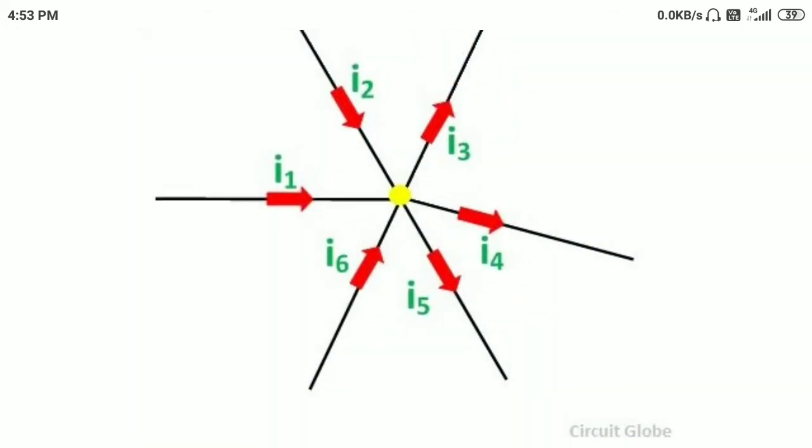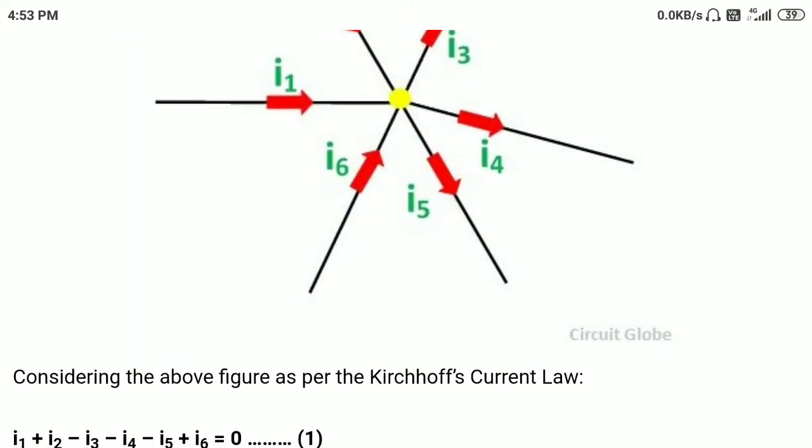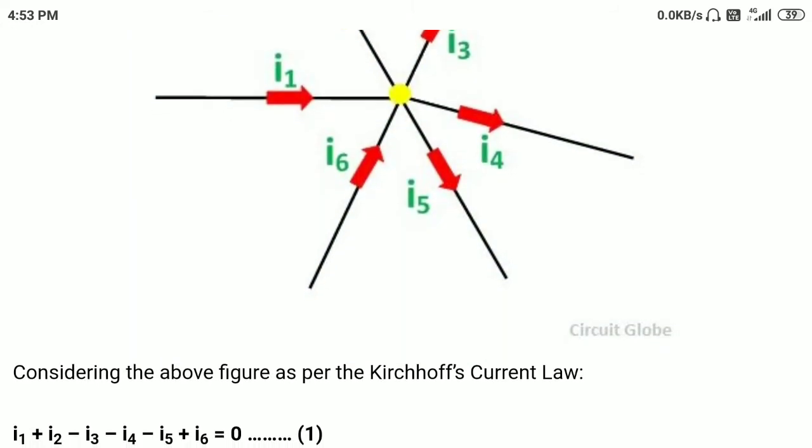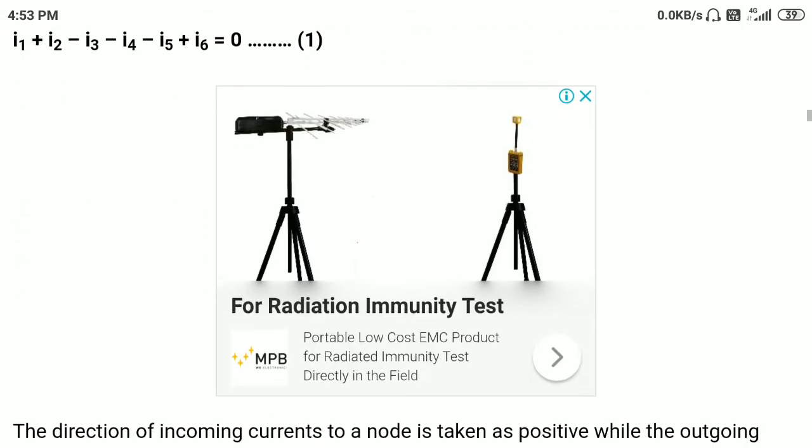Consider the above figure as per Kirchhoff current law. I1 plus I2 minus I3 minus I4 minus I5 plus I6 equals 0.